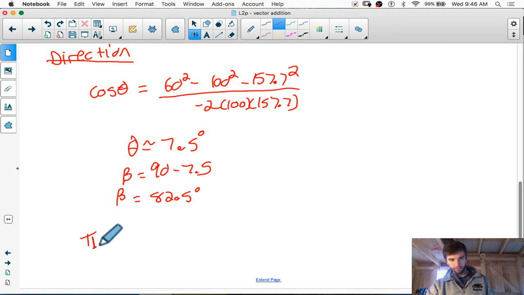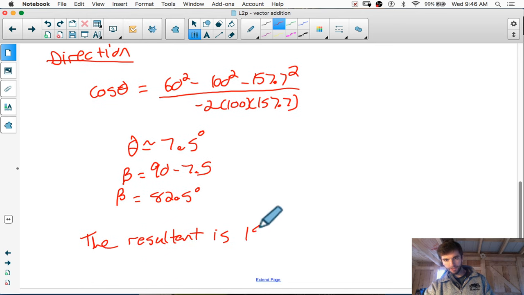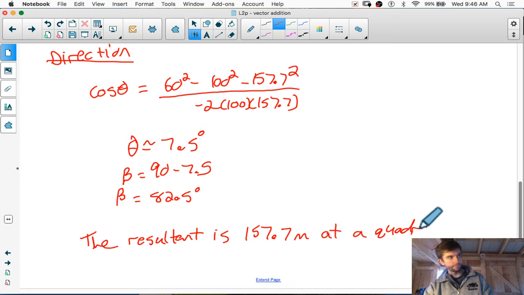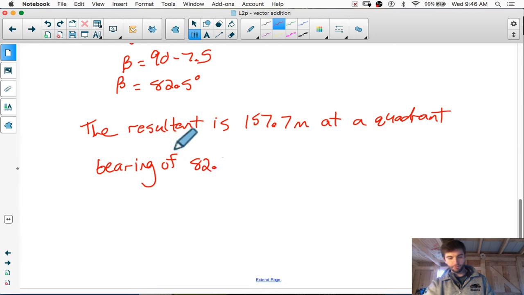So final answer, the resultant is 157.7 meters at a quadrant bearing of north 82.5 degrees towards east.